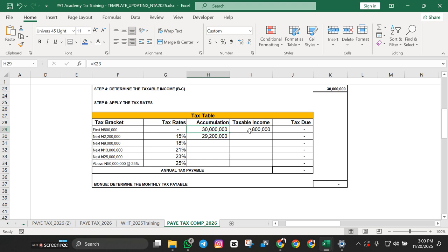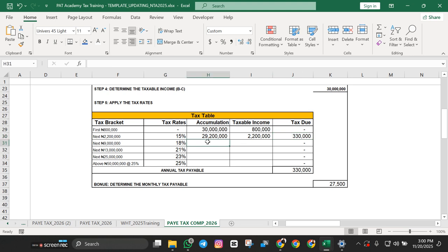We have taxed 800,000 out of it at 0%. So what do we have left? We have 29.2 million. The law says out of this 29.2 million, just tax 2.2 million at 15%. So on the 2.2 million, this person will pay 330,000 naira.